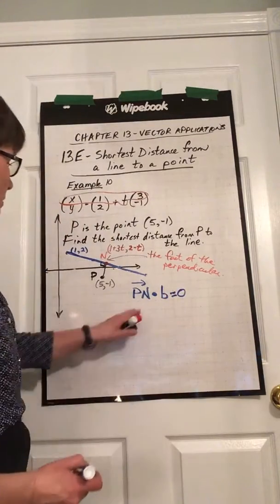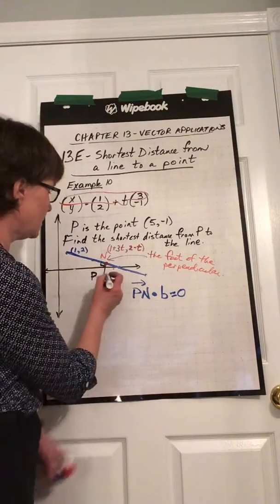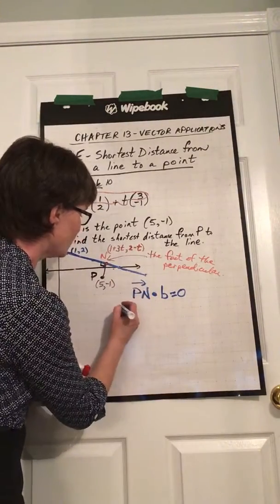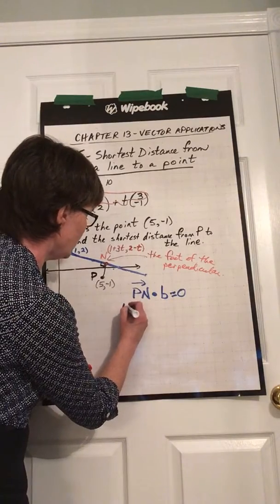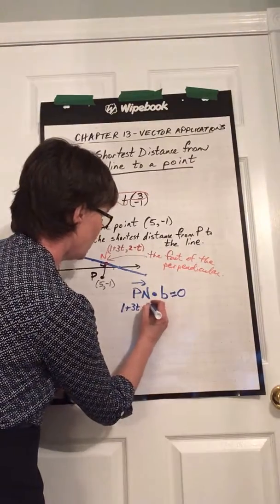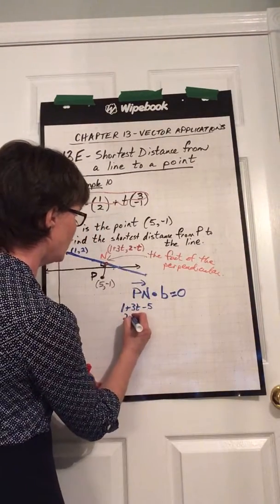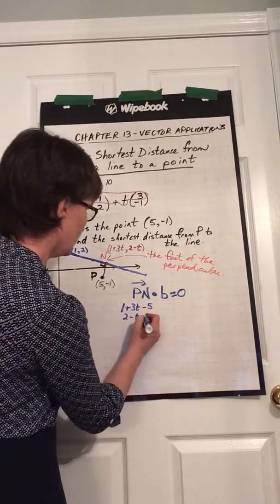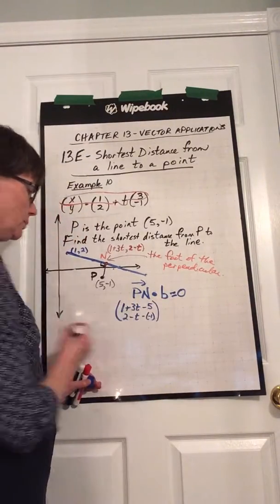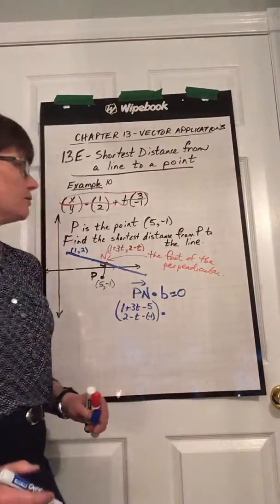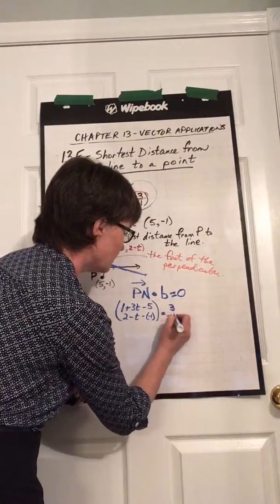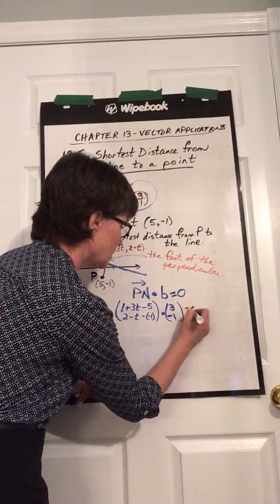PN is from P to N. So the x would be 1 plus 3t, and then subtract the 5 for the P. The y would be 2 minus t, and then subtract the negative 1. That's what PN will be equal to. Dot that with the direction vector, which we already know is (3, -1), and that has to equal 0.